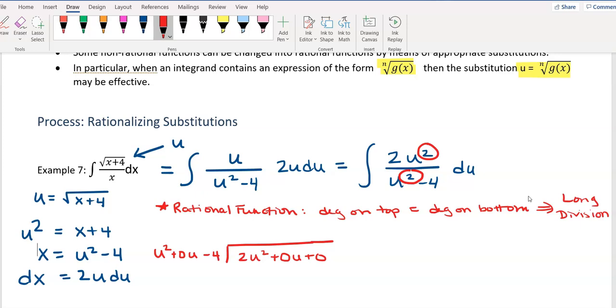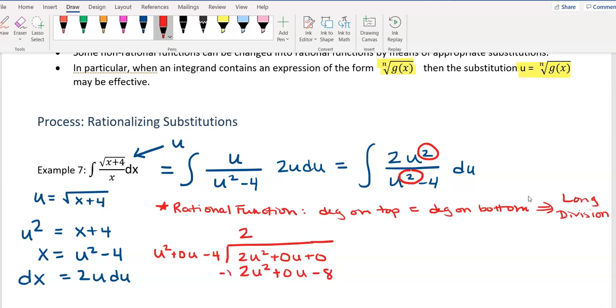And now we're going to do long division. And just the general idea, again, is that you're going to figure out u squared times what gives me 2u squared. So that would be 2. And then I'll take this 2 and multiply it through the entire divisor. So 2 times u squared is 2u squared. 2 times 0u is 0u. And then 2 times negative 4 is negative 8.